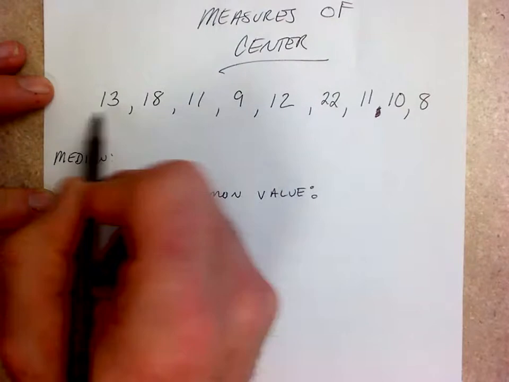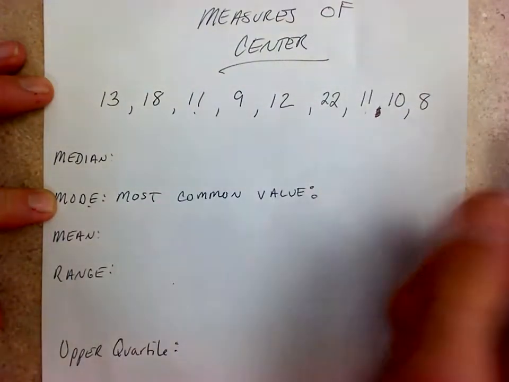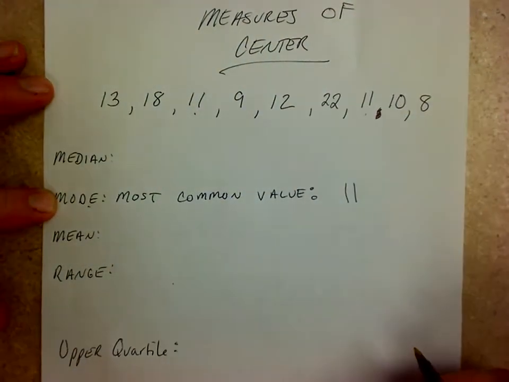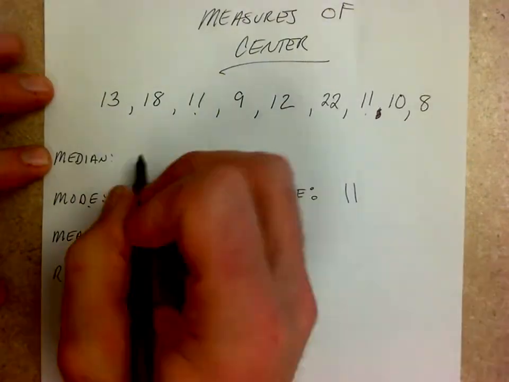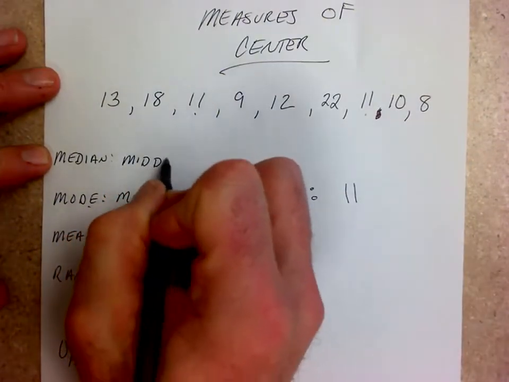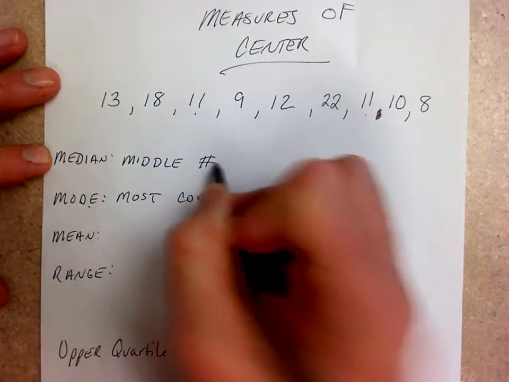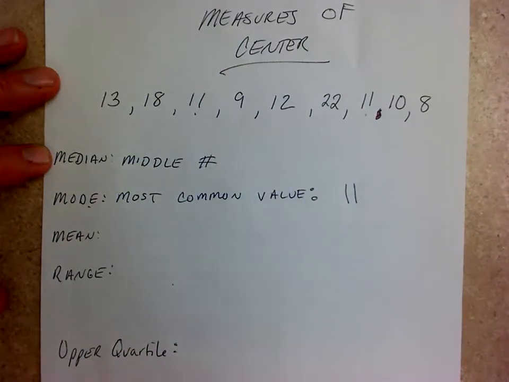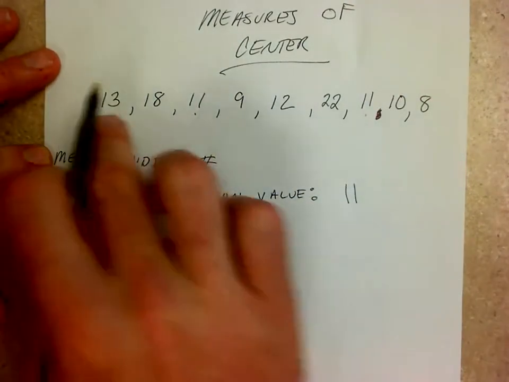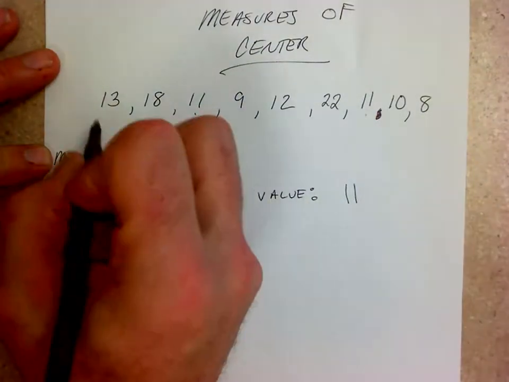If you scan and do a visual here, you're going to see 11 and 11. So our mode's going to be 11. Our median is our middle number. Now remember, before we calculate our middle number, all of these terms need to be put in order.